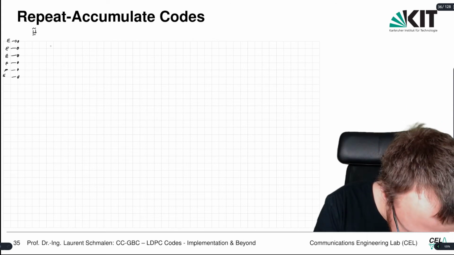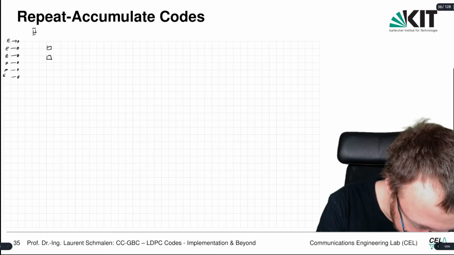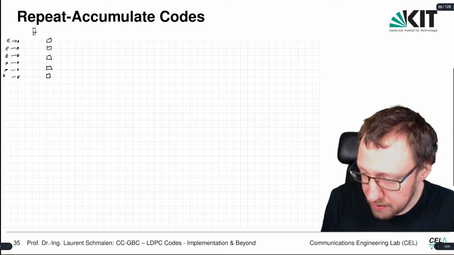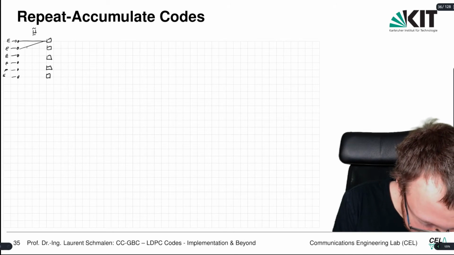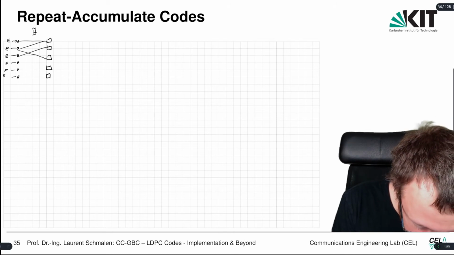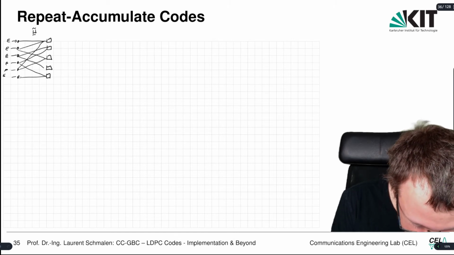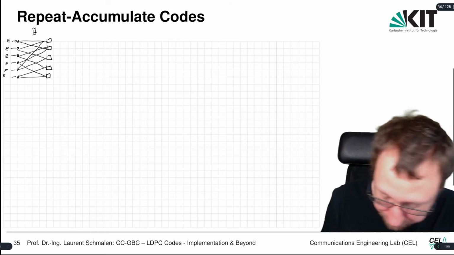And they are connected to some check nodes. So these are the connections to H tilde. I'm just going to draw some of those connections.